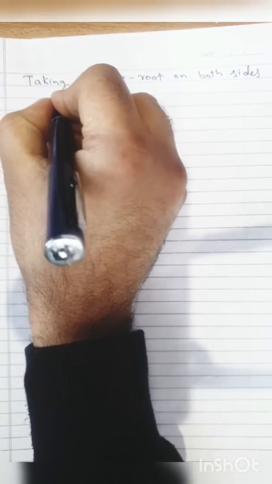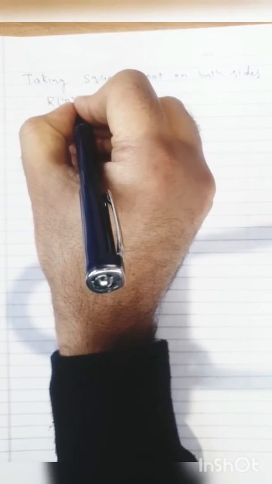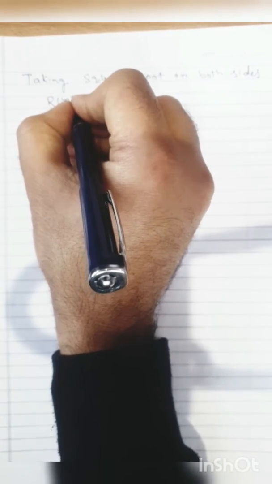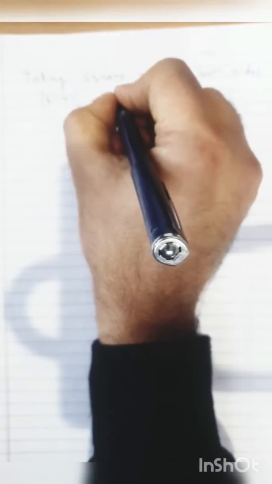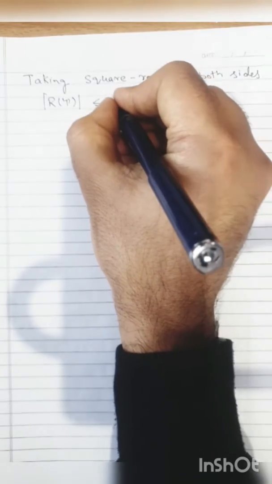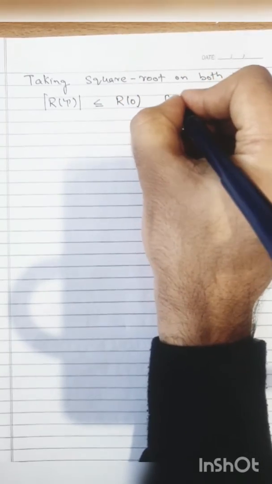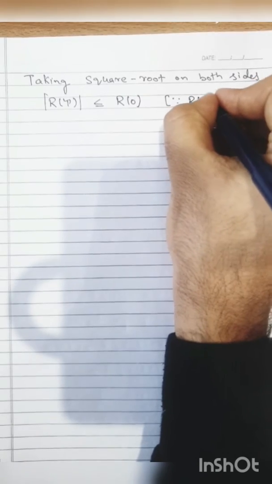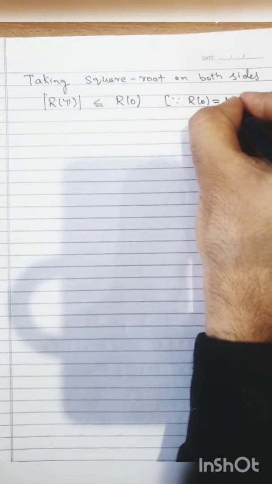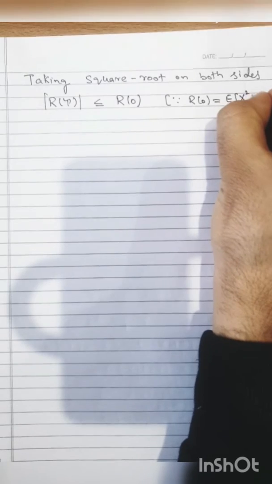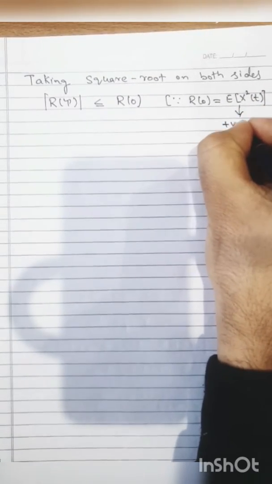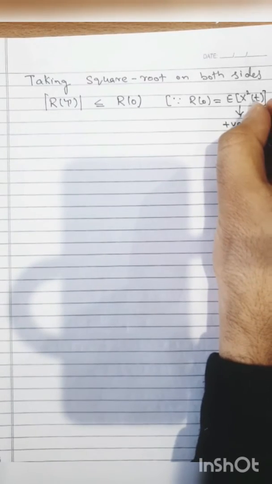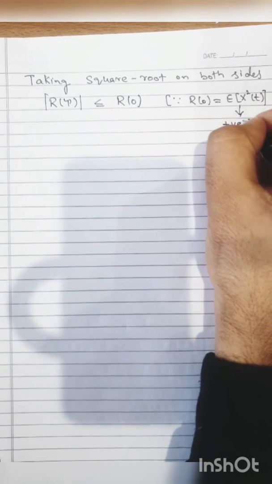We will get mod R(tau) less than or equal to R(0). Why have I not written mod here? Because R(0) is equal to the expectation of X squared(t), and this is always positive. Expectation of a square is always greater than or equal to 0, so this is always positive.